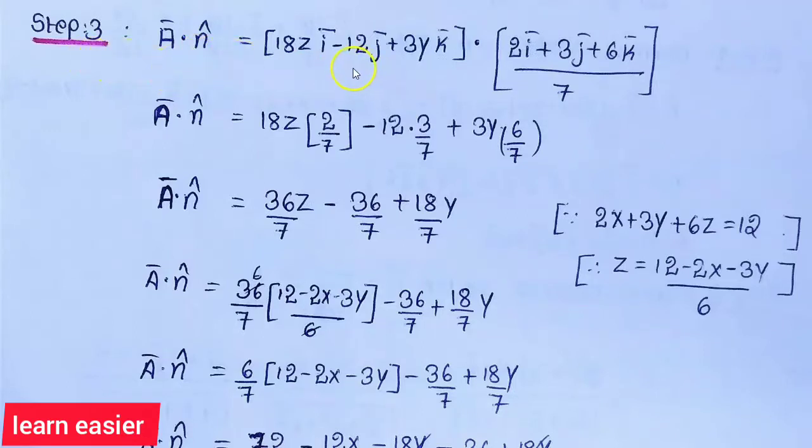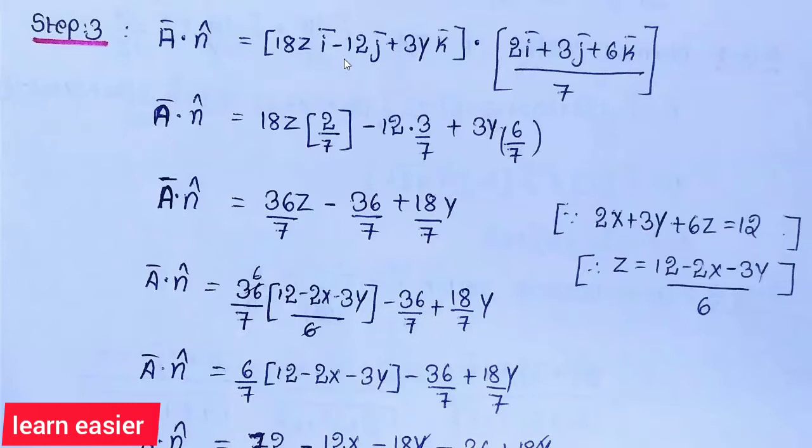As given in the question, A bar is 18z i bar minus 12 j bar plus 3y k bar. Dot n cap. As we have found, n cap is (2i bar plus 3j bar plus 6k bar) by 7. So we have to take the dot product of these two vectors. For the dot product, we know that i bar dot i bar is 1, j bar dot j bar is 1, and k bar dot k bar is 1.